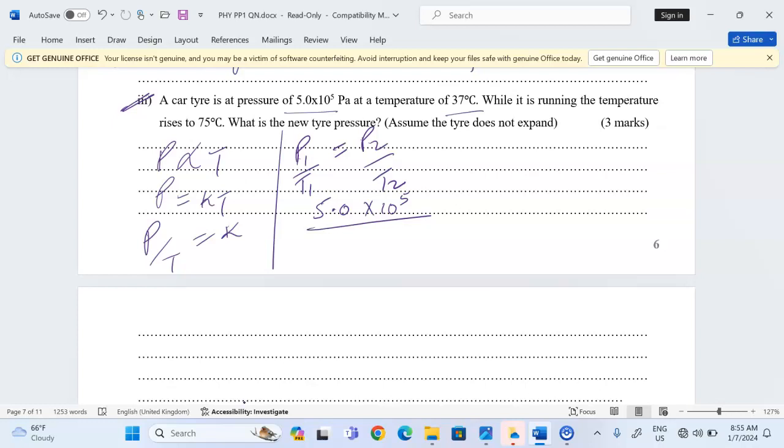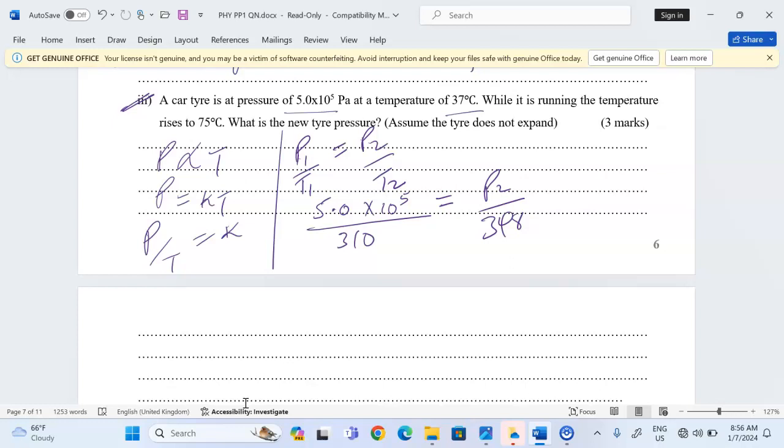So we add 273 to 37 to give us 310 Kelvin, equals the new pressure over the new temperature, which is 75 plus 273. This is equal to 348.